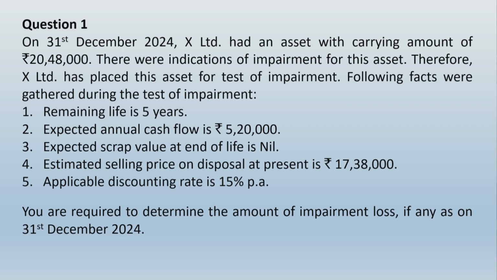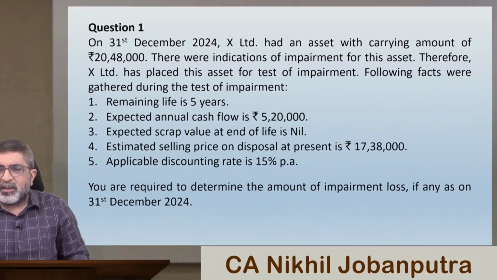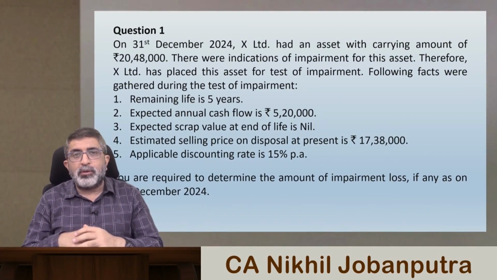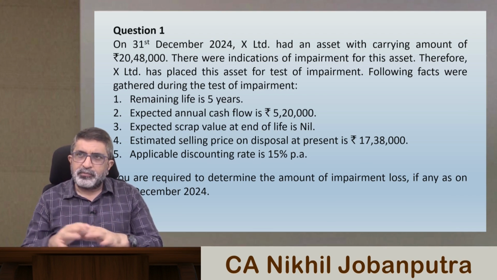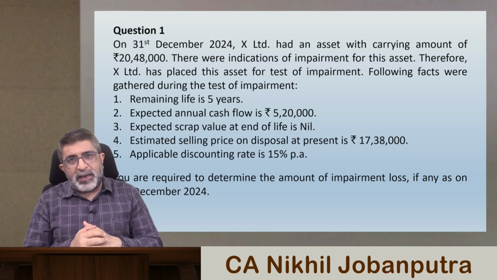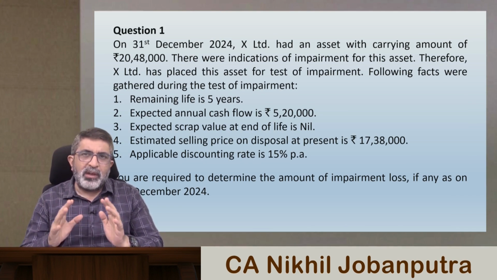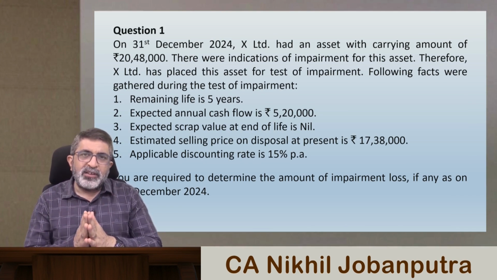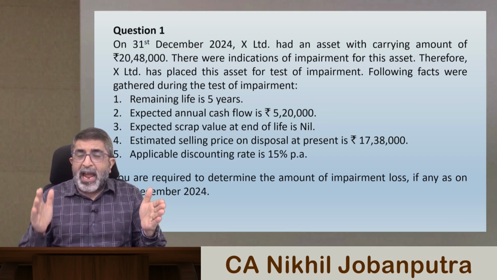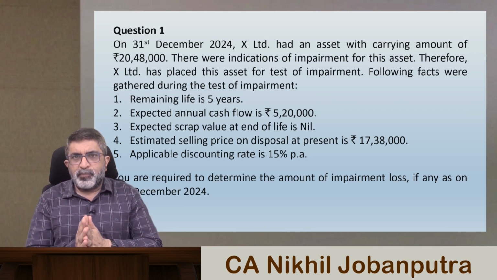Now here, the question doesn't mention whether it has to be approached through IFRS or US GAAP. When nothing is given, we will go with IFRS. So, application of IFRS will require the comparison between the carrying amount and the recoverable amount.